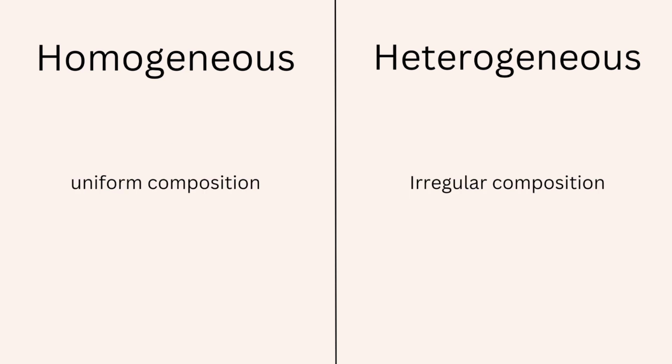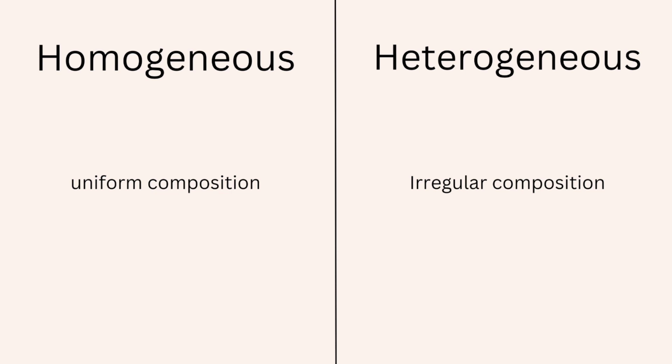The second difference is that in a homogeneous mixture there is uniform composition. It's very similar to the first point, but also if you take 1 ml of that mixture or 100 ml of that mixture, no matter how much you take of it, the distribution is uniform.